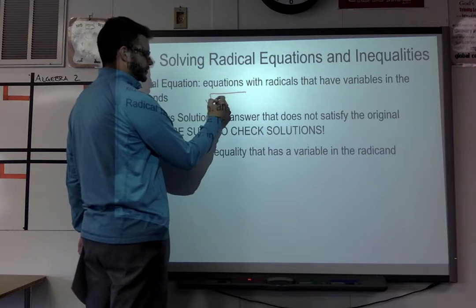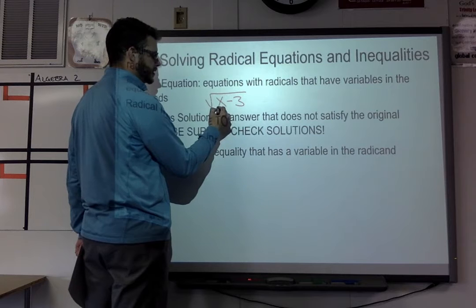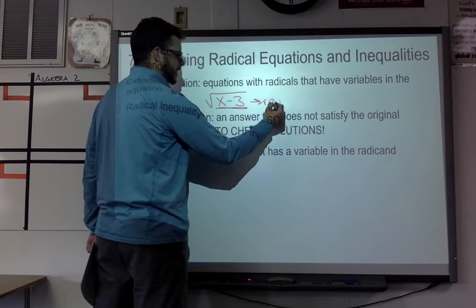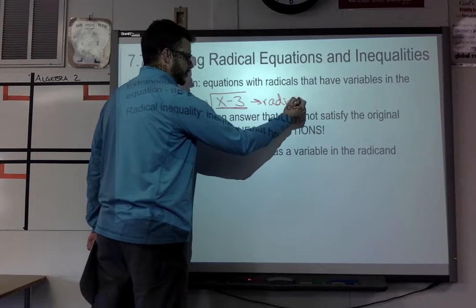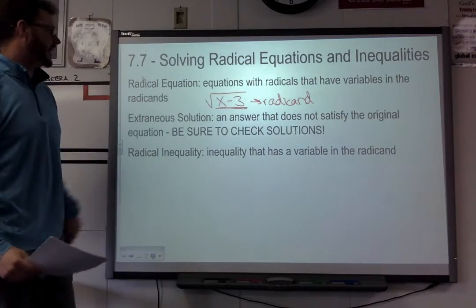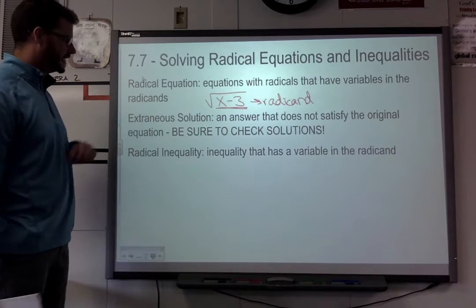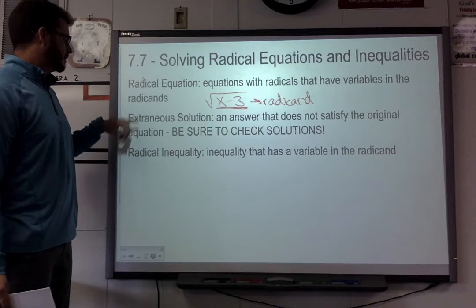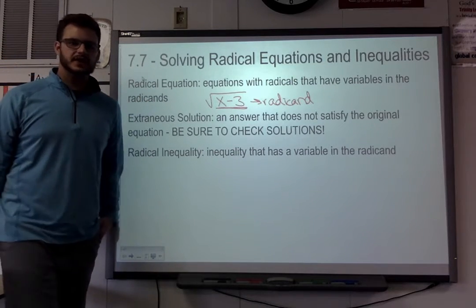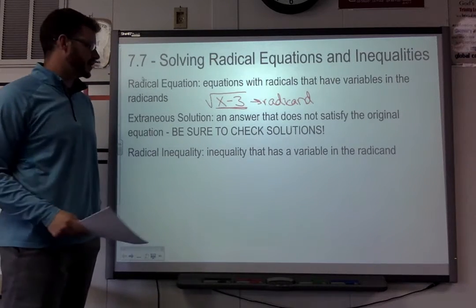If you have something like the square root of x minus 3, the radicand is whatever is under the radical symbol. A radical inequality is the same thing, except instead of an equation, it's an inequality, so it's going to include less than or greater than.